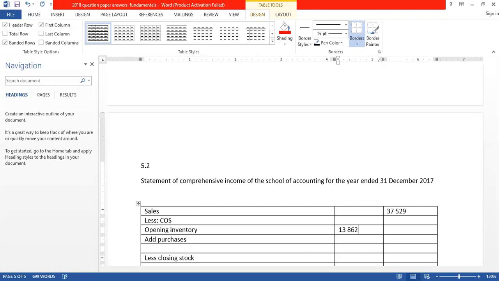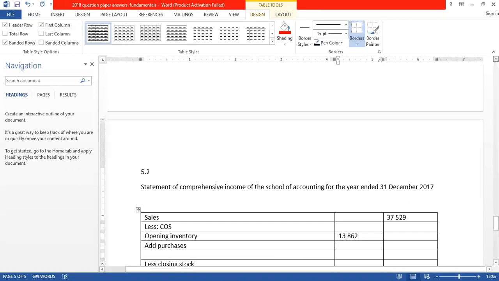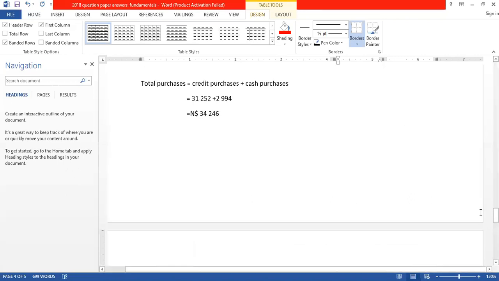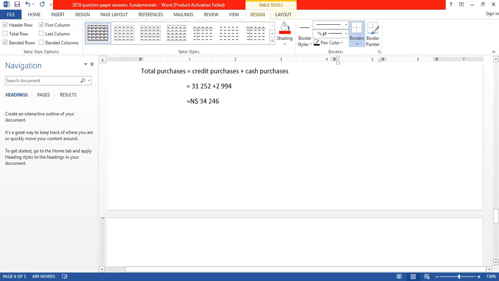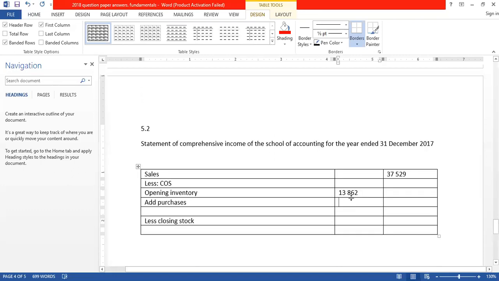And then we add our purchases amount that we just calculated, which amounted to 34,246. And then you add up your amounts together.